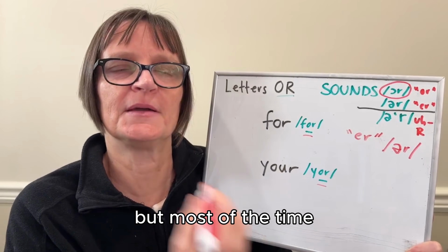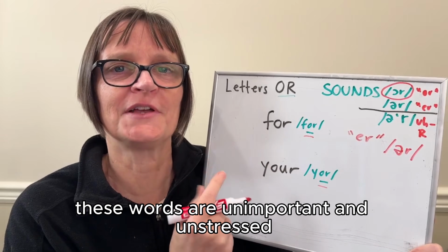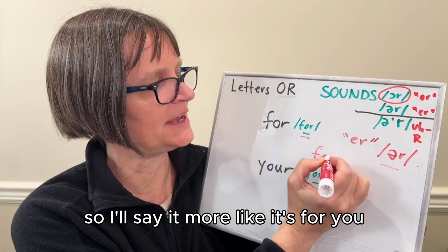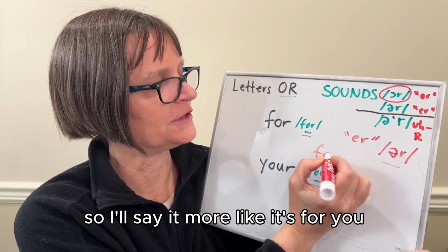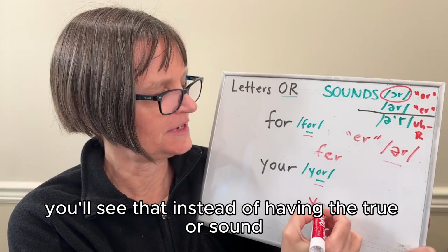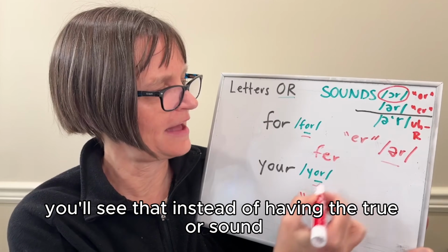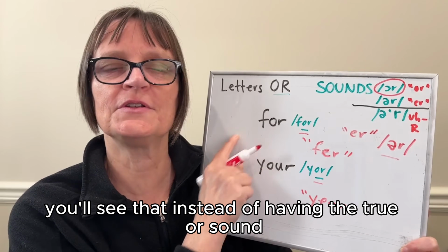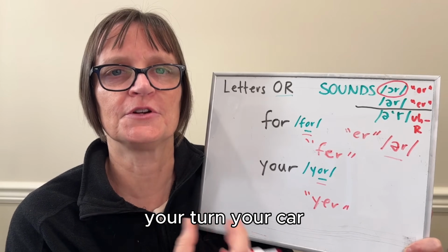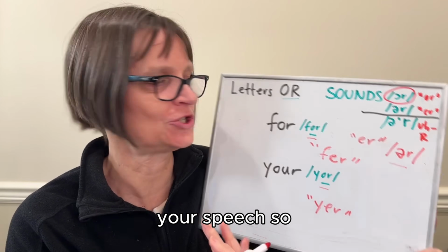But most of the time, these words are unimportant and unstressed, and those letters OR get reduced to the er sound, so I'll say it more like it's for you, it's your turn. And so you'll see that instead of having the true or sound, these words get reduced to more of an er sound: for you, for him, your turn, your car, your speech.